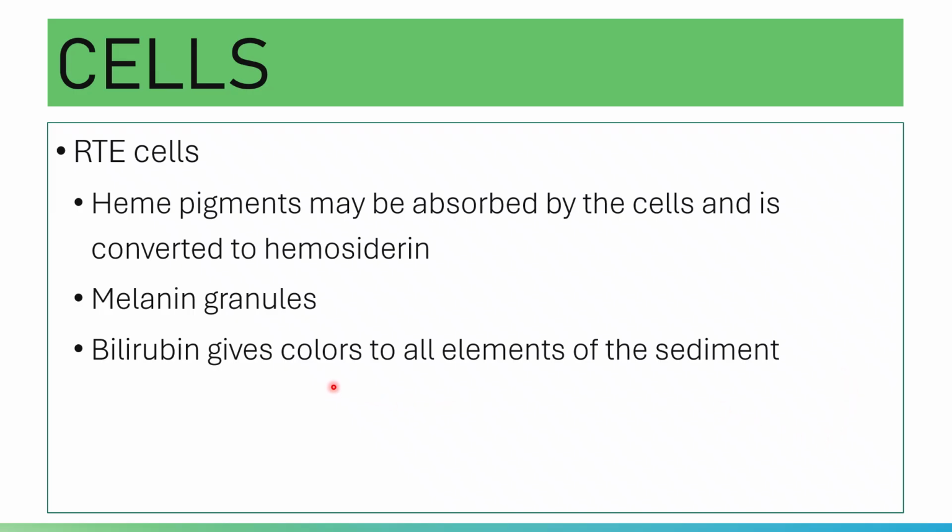But your urobilin, the oxidized form of urobilinogen, will not give color to your cells and casts. Bilirubin is the only pigment present in the urine that will give color to all elements of the sediment. Please note bilirubin is abnormal.